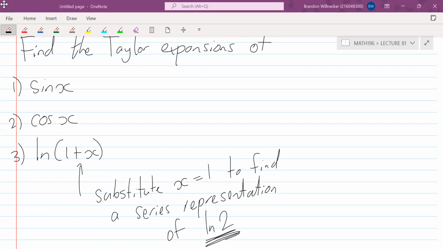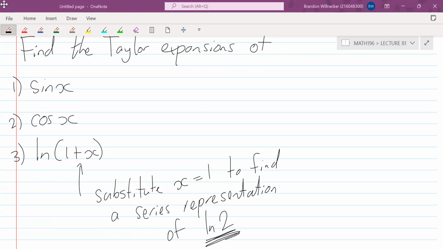And I will post a couple more problems later on finding the Taylor expansion. And then by substituting different values of x, you can find interesting series representations of different numbers. So there's also a series representation for pi.